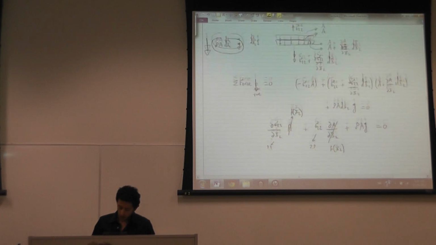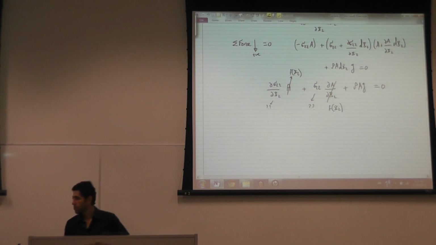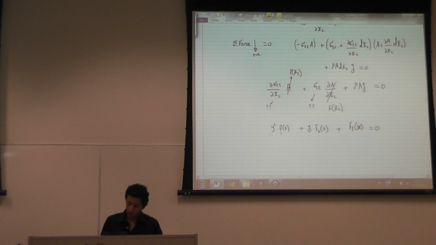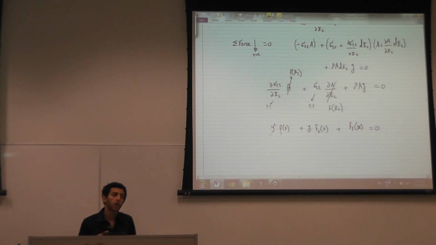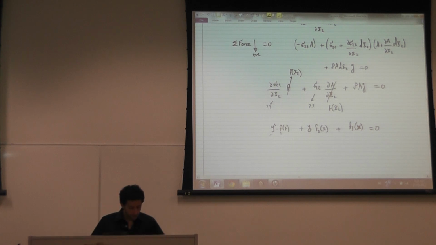If you write it in the language of differential equations that you're used to, this is like saying y prime multiplied by f of x plus y multiplied by f2 of x plus f3 of x equal to 0. That's the differential equation, and I'm looking for y. Now, I don't want you to solve something like this by hand, but you can use Mathematica to solve it.